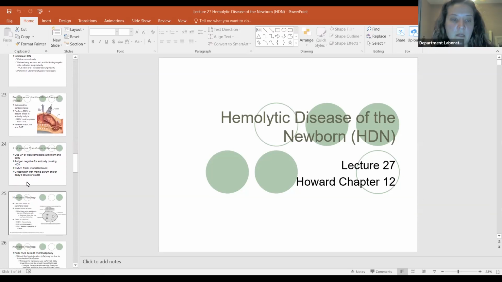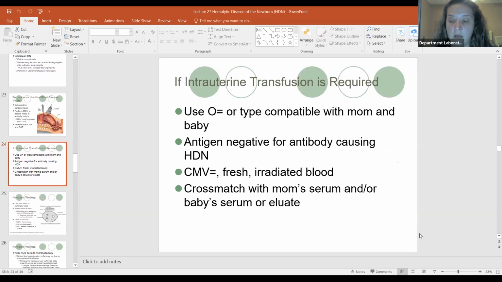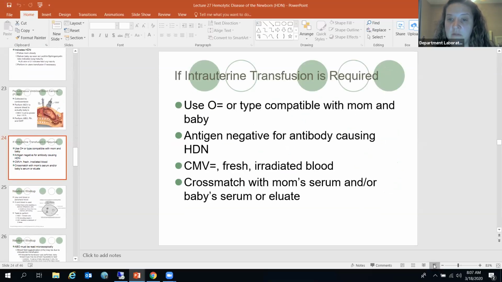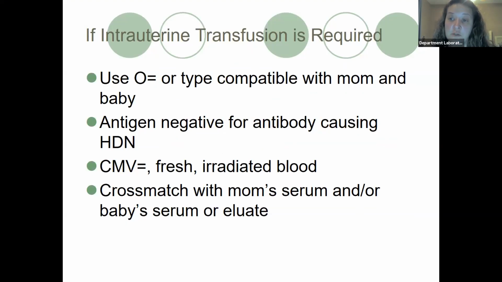So in the event that the baby is in fetal distress or has symptoms of anemia, we can do an intrauterine transfusion, and there are specific transfusion requirements. We need to make sure our products are safe for the baby. Depending on what your SOP at your institution says, if mom and baby are both the same type and you're dealing with a non-ABO antibody, some institutions might have in their SOP that they can give type specific.